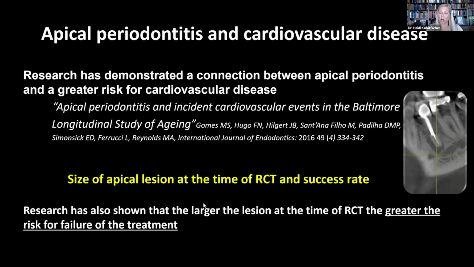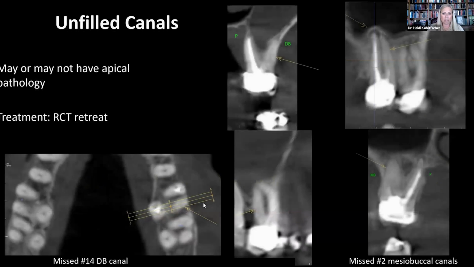So if it's a very large lesion, when we try to treat that endodontically, we may not have a great success rate because there's just so much inflammation there. And so we have a greater risk of failure. And so in those cases, it may be better to go ahead and remove that tooth, let that heal, and place an implant.